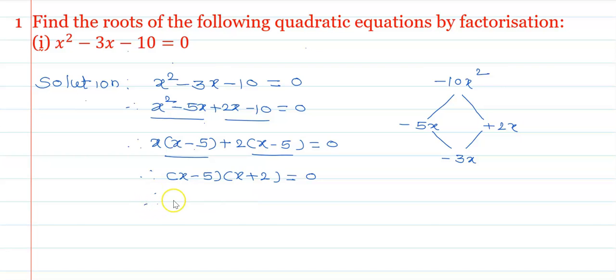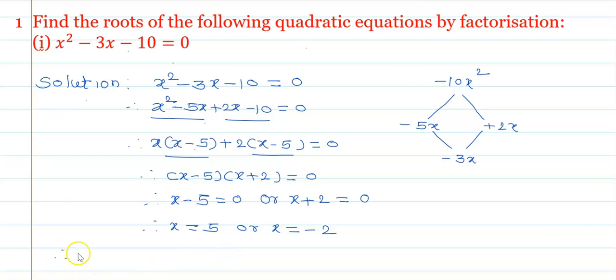As the product of these two brackets is 0, one of them must be 0. That is, x minus 5 is 0, or x plus 2 is equals to 0. Hence x is equals to 5, transferring the minus 5 to the right hand side, or x is equals to minus 2.